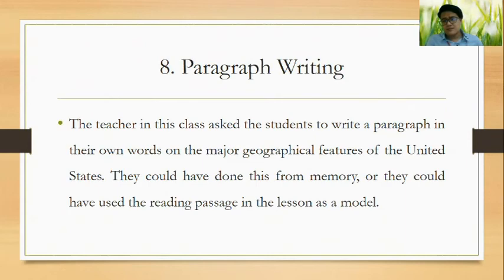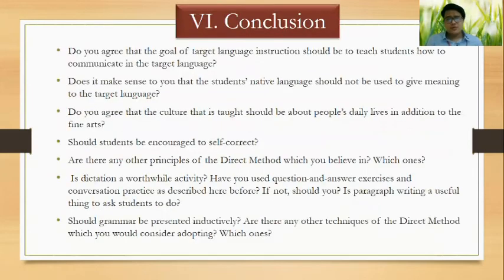As we know, writing a paragraph has a structure. So to come to our conclusion, these are the questions we need to think about before we teach the student, right? As you can see here.